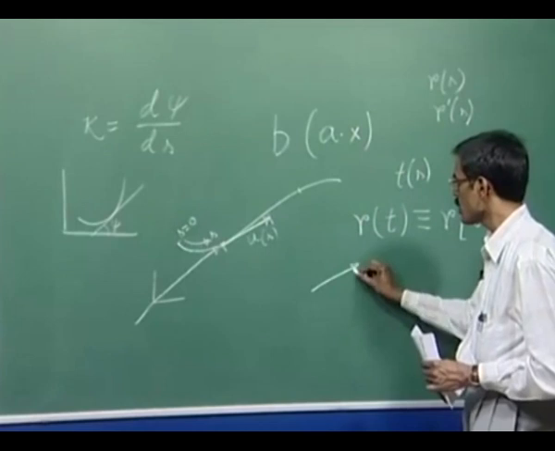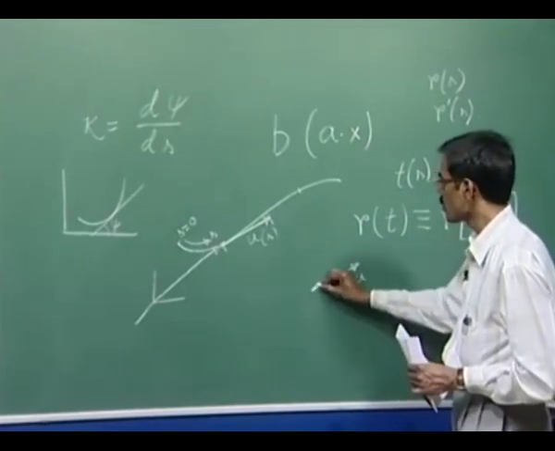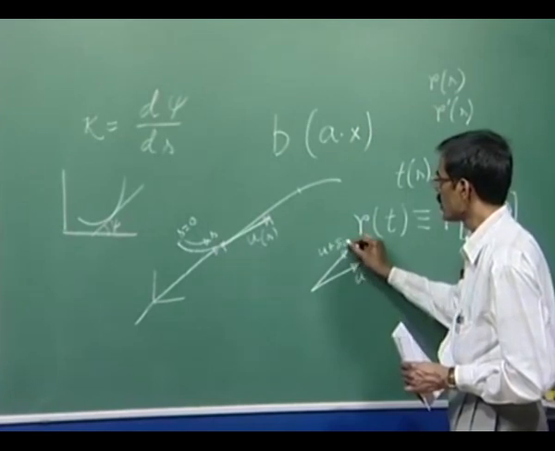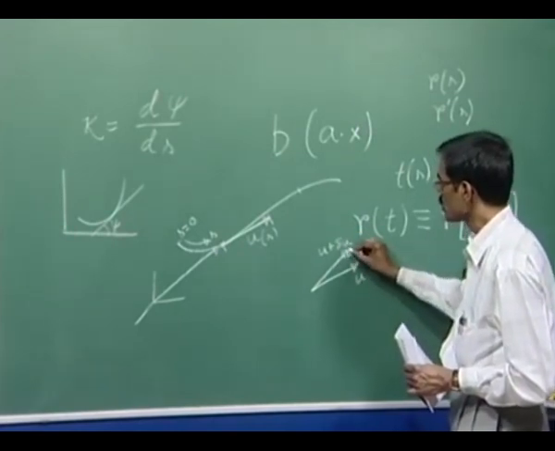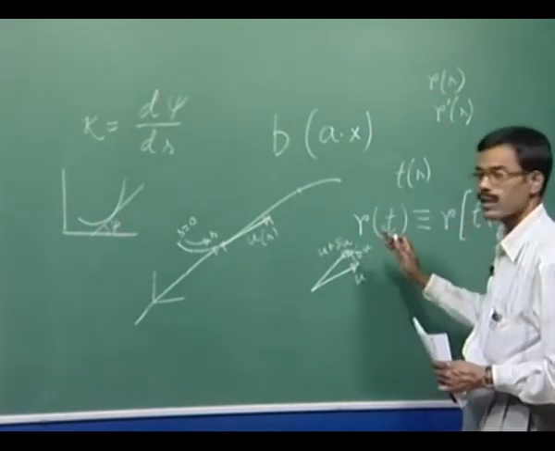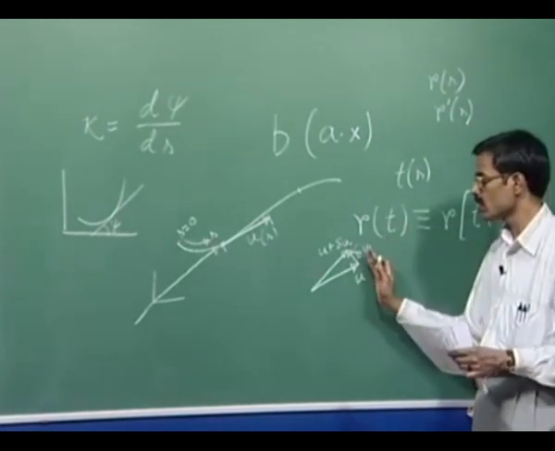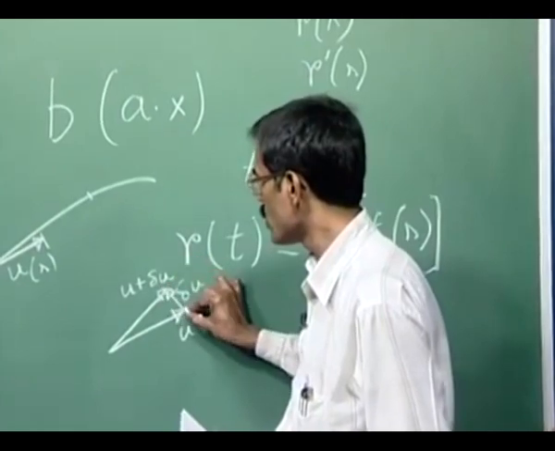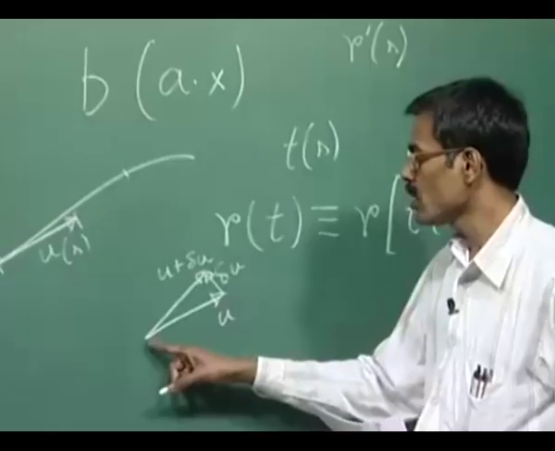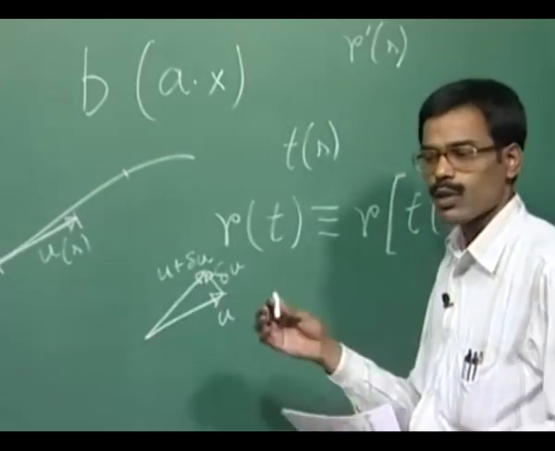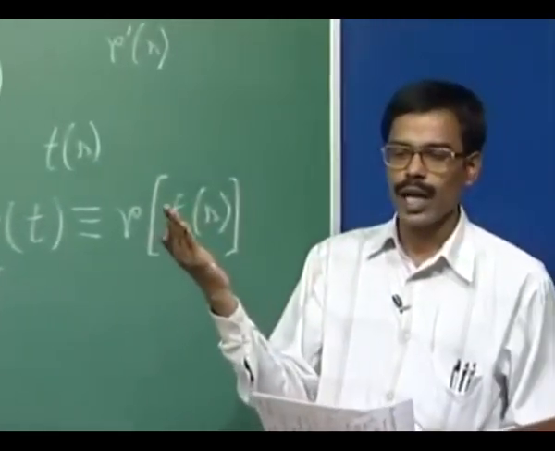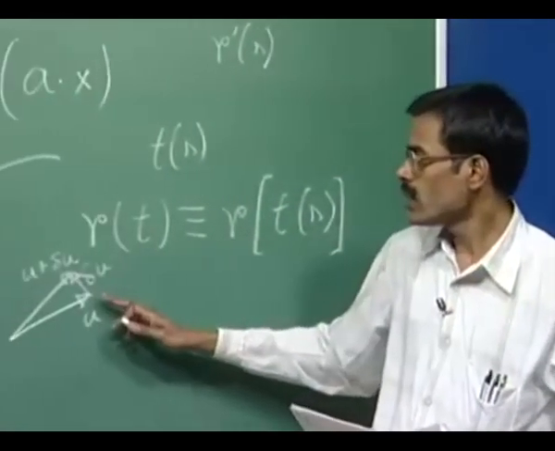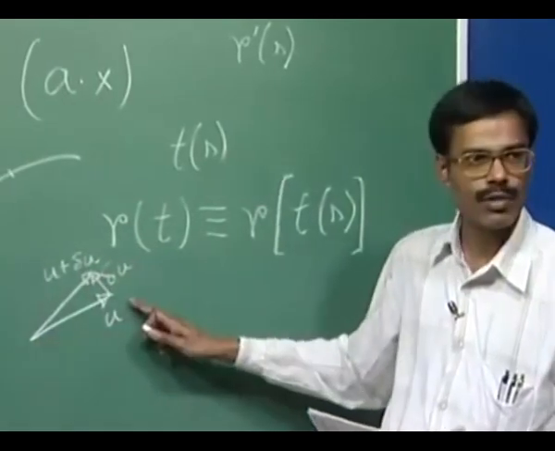So, if you take this as u, then at the next point it will be u plus delta u, and then this is the change delta u, and as s tends to 0, as this change becomes very small, then you will find that this change of u, that is delta u, turns out to be perpendicular to u. So, any unit vector you take and you consider its derivative with respect to arc length itself, then you find that the derivative is perpendicular to the unit vector.